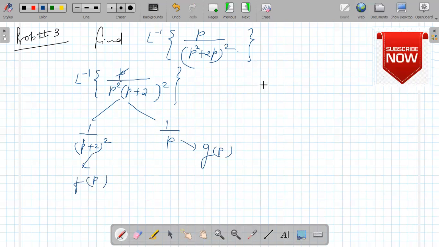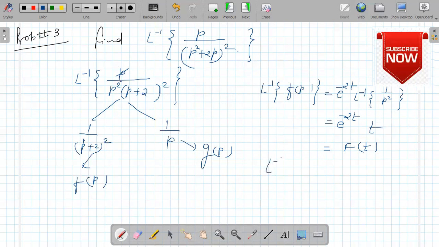So Laplace inverse of Fp is, by first shifting theorem, e raised power minus 2t into Laplace inverse of 1 upon P square. So it's e raised power minus 2t and its Laplace inverse is t. So this is Ft. And take Laplace inverse of GP, which is equal to 1.